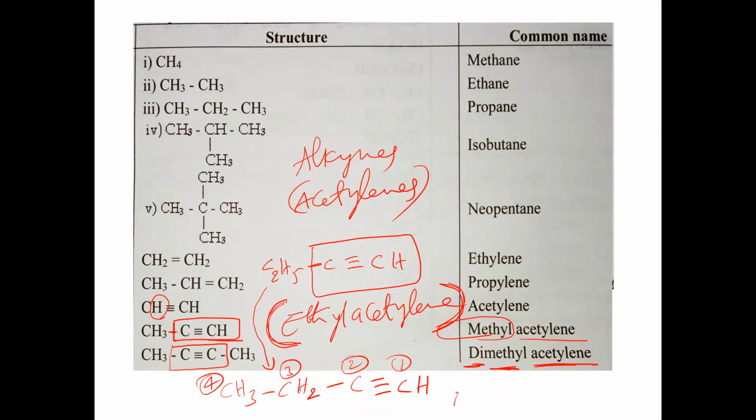So it is but-1-yne. After the first carbon the triple bond is there, so but-1-yne. But-1-yne is called the IUPAC name. And what is the common name of this? Ethyl acetylene. Ethyl acetylene is the common name and but-1-yne is the IUPAC name.